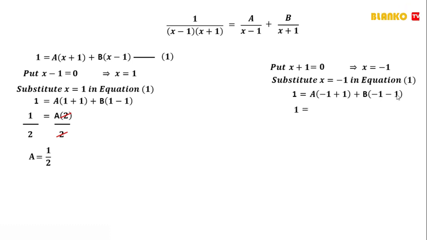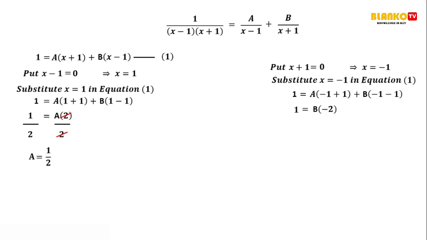We have B multiplying −2, because A multiplied by (−1 + 1) is 0, so that whole part is 0. We are left with 1 equals B(−2).